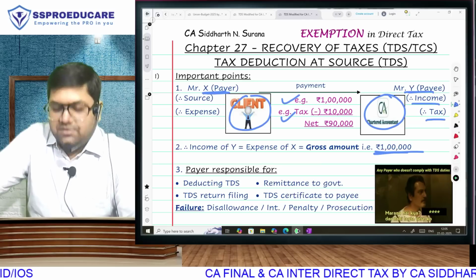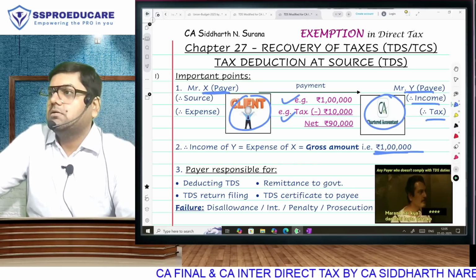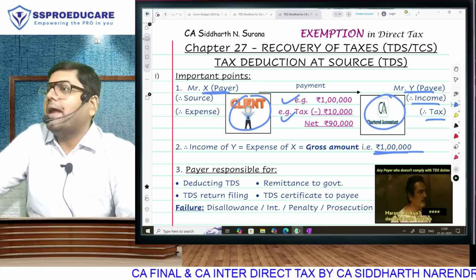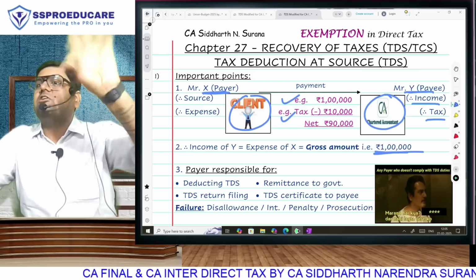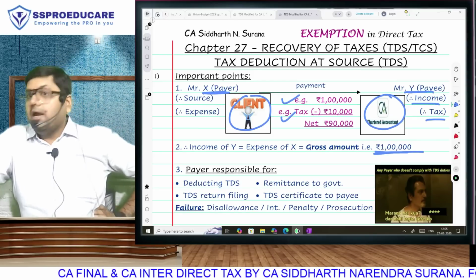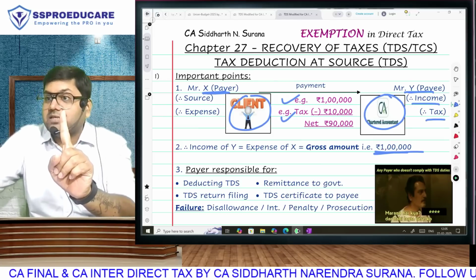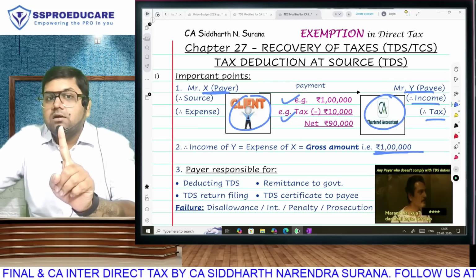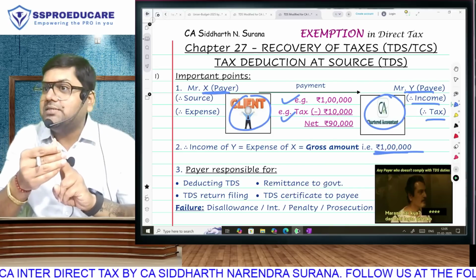Believe me, when the payer is making this payment, it is like expense account debit 1 lakh. To bank account 90,000. And to TDS payable, it is his liability. He has to pay to the government and get rid of the liability. And if we talk about the payee, the receiver, it is bank account debit 90,000, please understand, because received is 90. TDS credit account debit. You understand assets have debit balance?